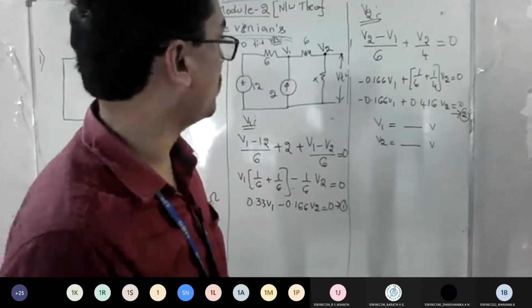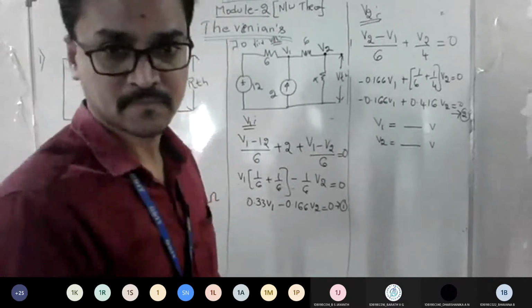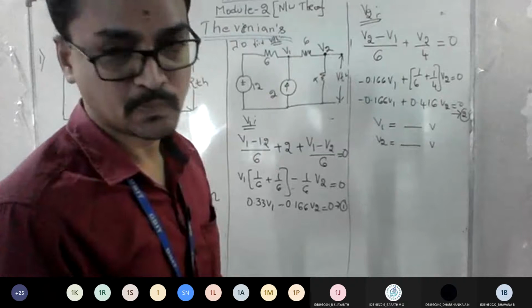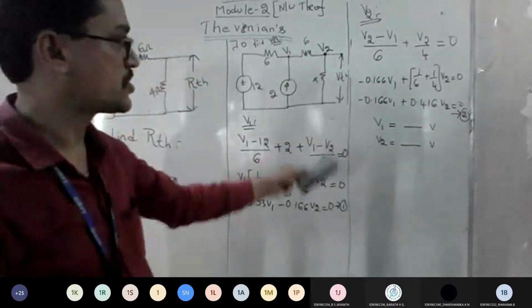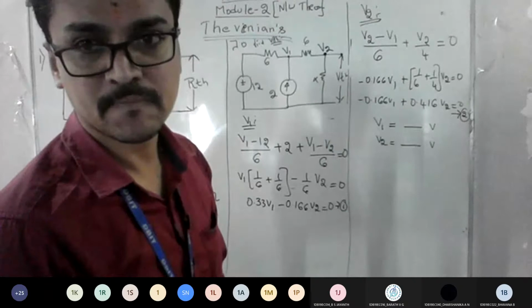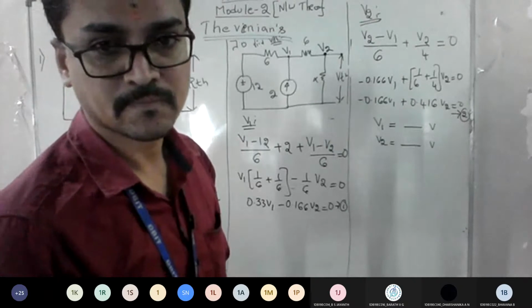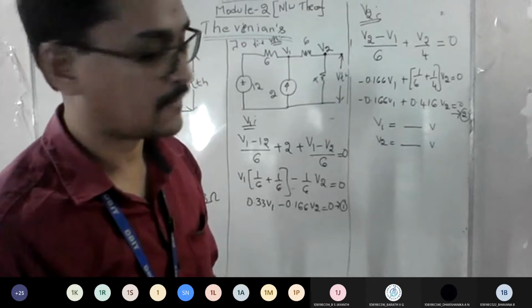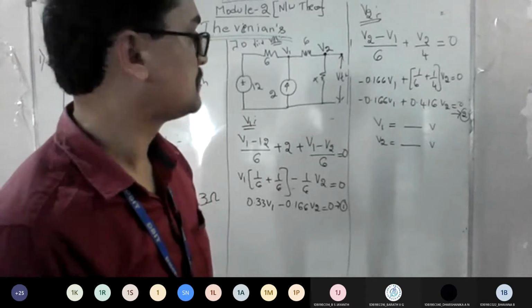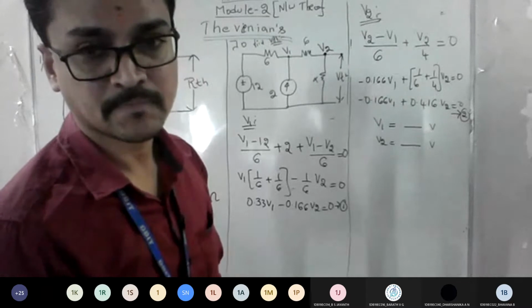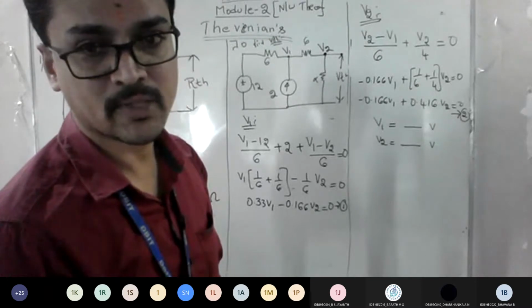Solve equation 1 and 2 and tell me what is the answer. So you have two equations, solve these two. What is V1, what is V2? Anyone got the answer?